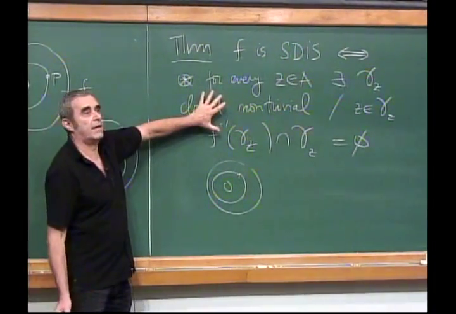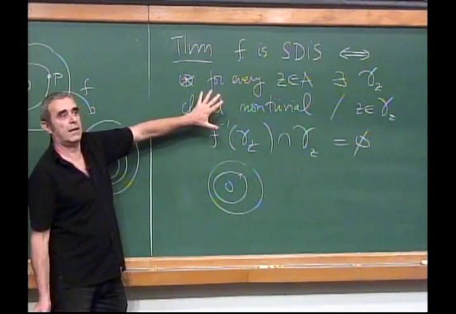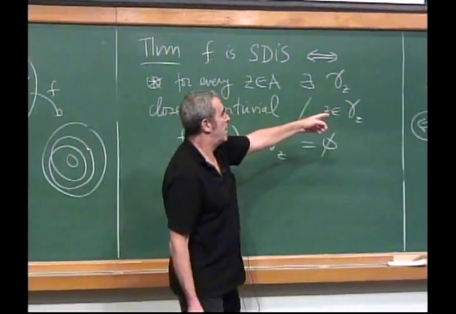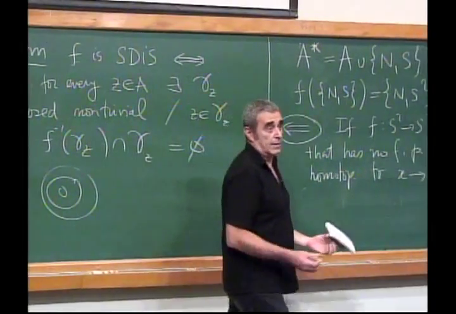This hypothesis implies that you have no fixed points in the annulus, okay? So the fixed points should be N and S.